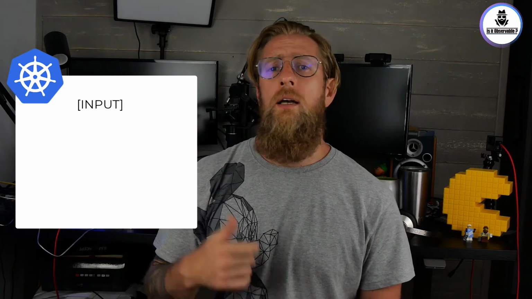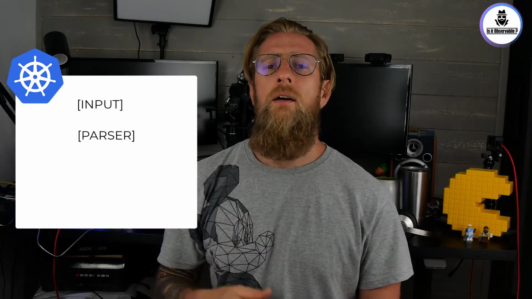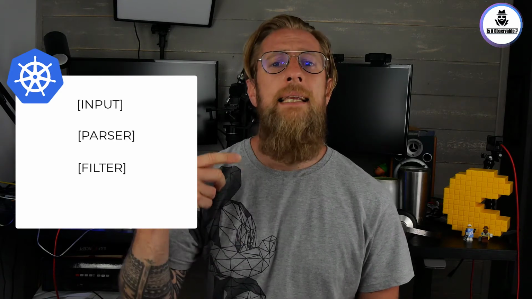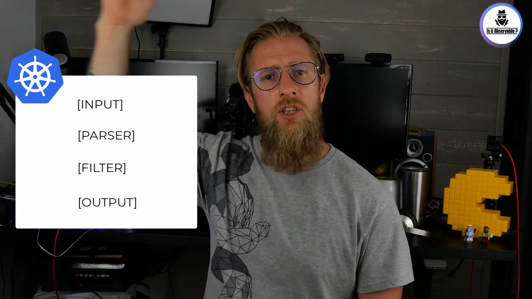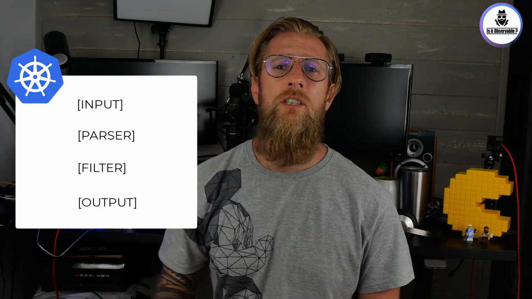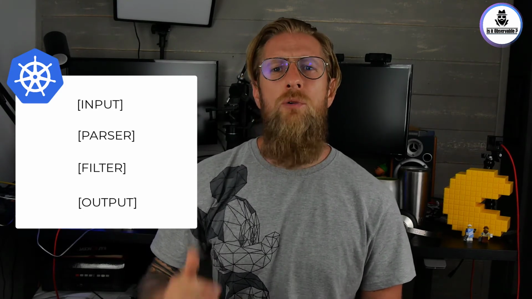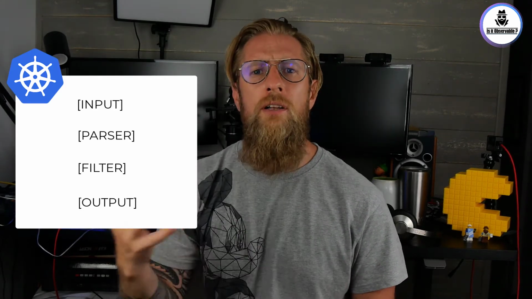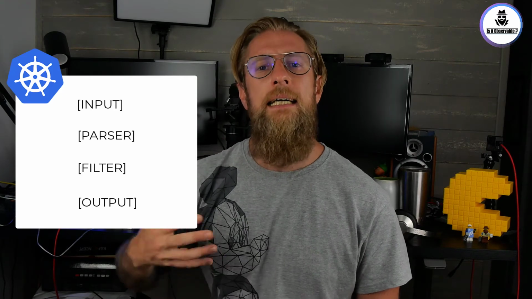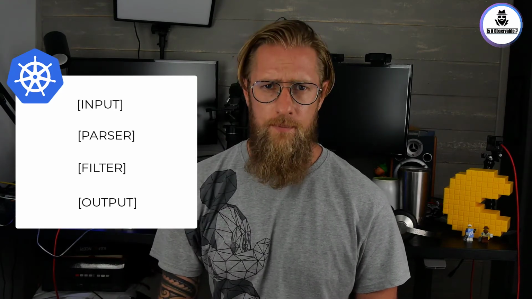So you will basically define your pipeline. So input, the parser, the filter, and the output. So basically, you build your sequence of steps that will define how you want to transform, collect, and send your data to your data source.